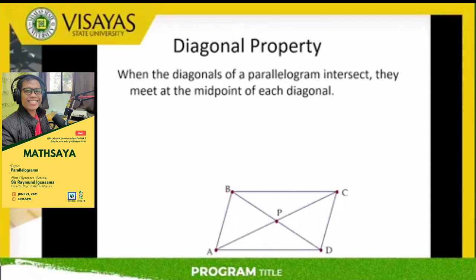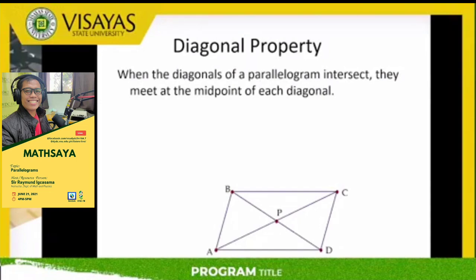So when we say midpoint, it divides the segment, for example AC or BD, into two equal parts. So let's say diagonal AC and diagonal BD intersect each other, and we have the midpoint P, meaning BP and PD have the same length.